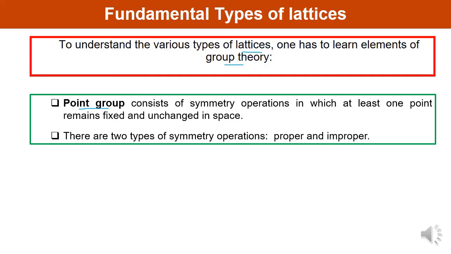Point group consists of symmetric operations in which at least one point remains fixed or unchanged in space. See, this is the very important point. For point group, at least one point remains fixed or unchanged in space. And there are two types of symmetry operations for point group, which are proper and improper.